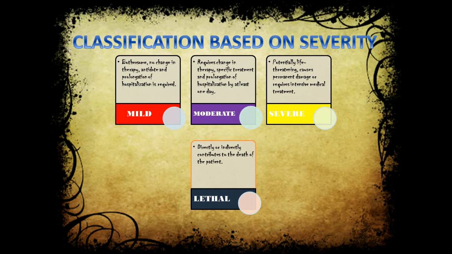These are usually the normal side effects of a drug, and we don't need any sort of alteration or change in therapy. So these are considered as mild effects. For example, when corona vaccine is administered intramuscularly, we may experience some sort of pain at the site of administration.